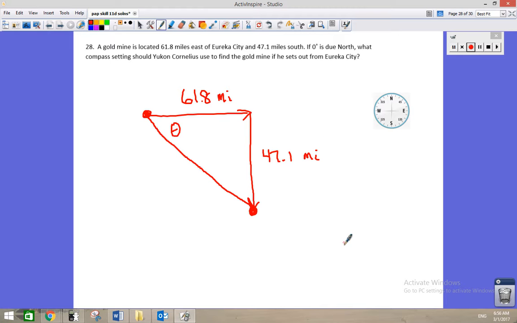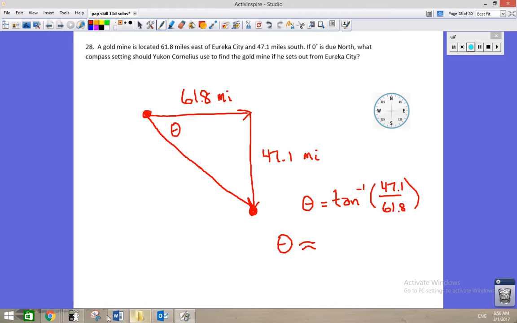So here let's find this angle theta, and then we'll superimpose that angle theta onto our compass. With these type of problems, we'll set our calculator to degrees. So we'll take the inverse tangent of the opposite leg over the adjacent leg, 47.1 over 61.8, they have the same units.